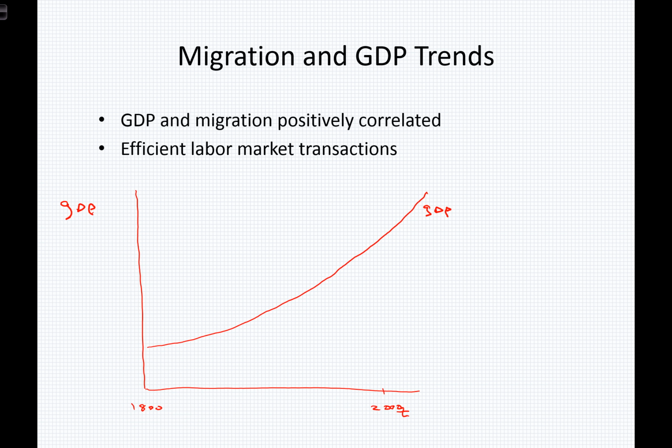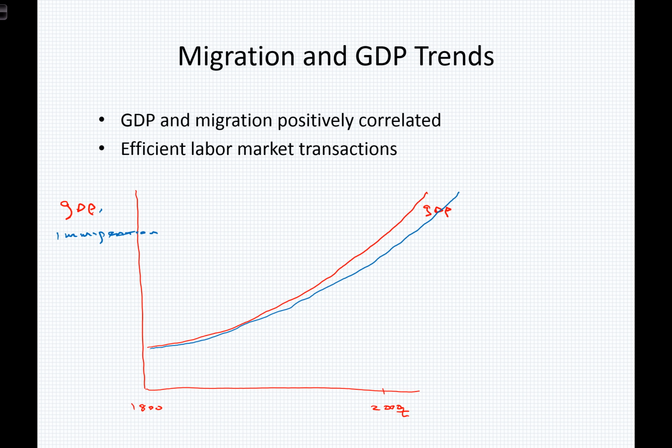Well, what has our immigration looked like in that same period? If we look on this same y-axis, if we can measure immigration somehow, we would see that if we could normalize it at the same point as GDP, we would actually find that immigration tracks GDP changes very closely.